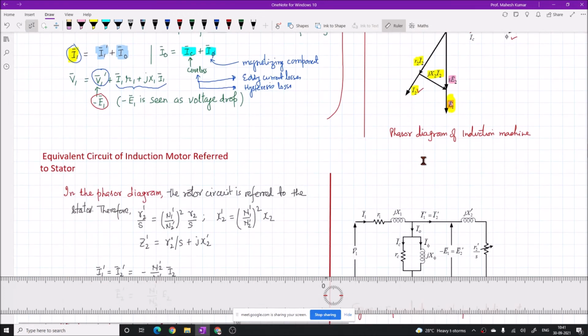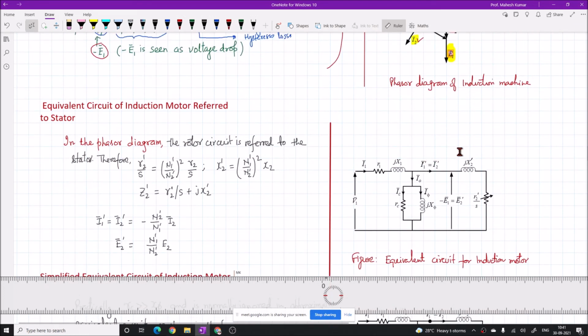And based on that, we develop the equivalent circuit, which is shown here in the figure. As you can see, this is the rotor resistance R2 by s, and this is here jX2 dash. Now we have used the term prime. Remember, we have used the terms R2 dash, X2 dash, E2 dash, I2 dash. So what are these quantities? These are the referred quantities to the stator side.